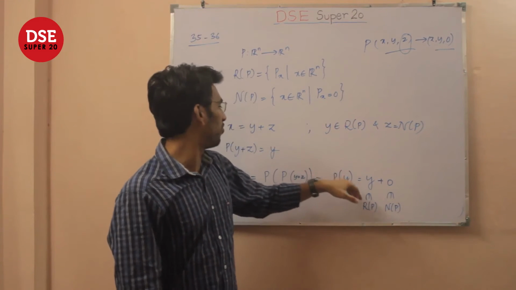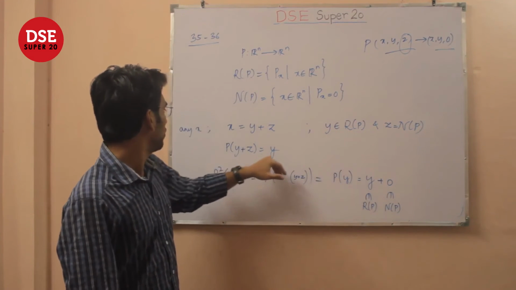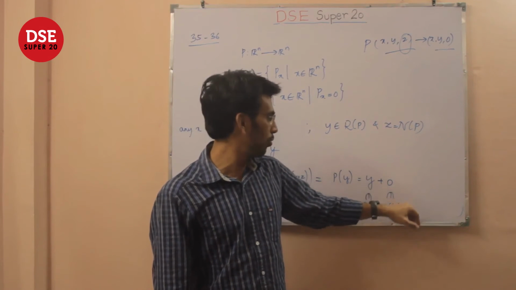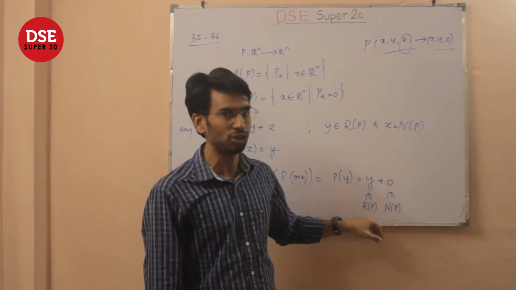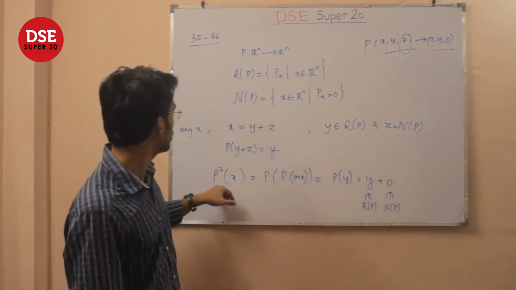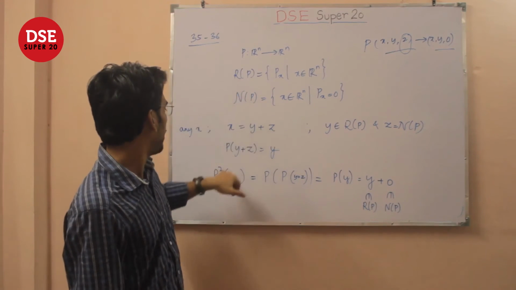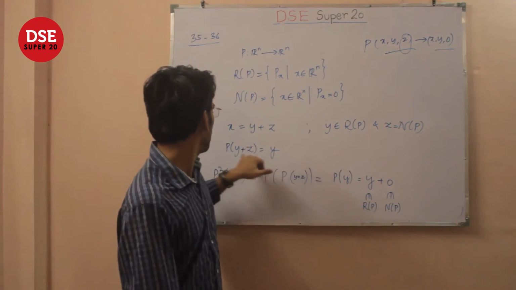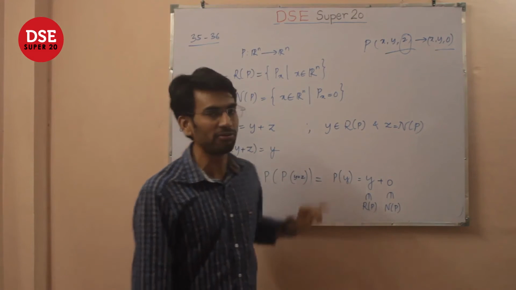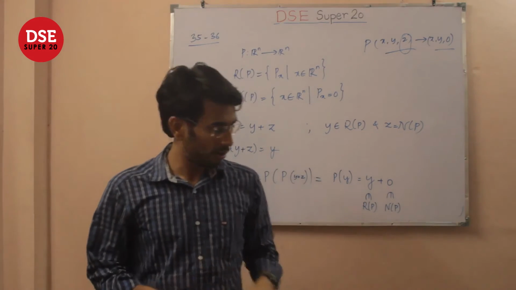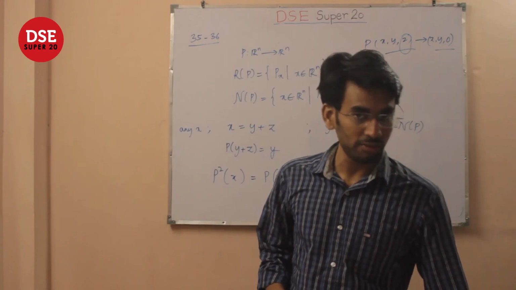And again, y can be represented as y plus 0, where 0 belongs to the nullity and y belongs to the range. Therefore P of y plus z is again P of y, and P square is equal to P. Therefore, the correct answer is option 3, which is P square is equal to P.